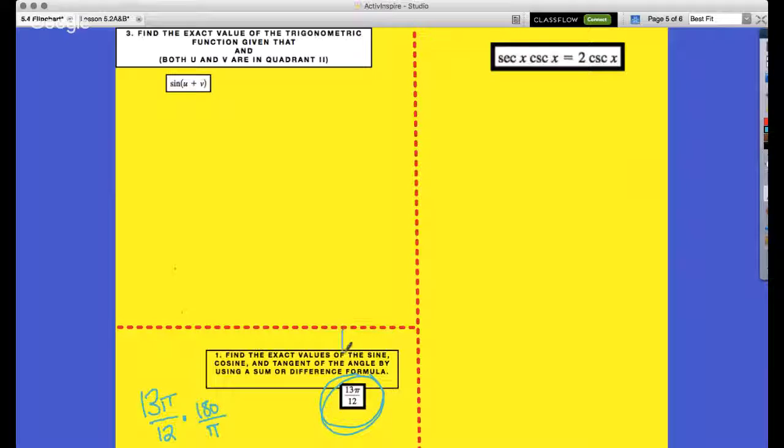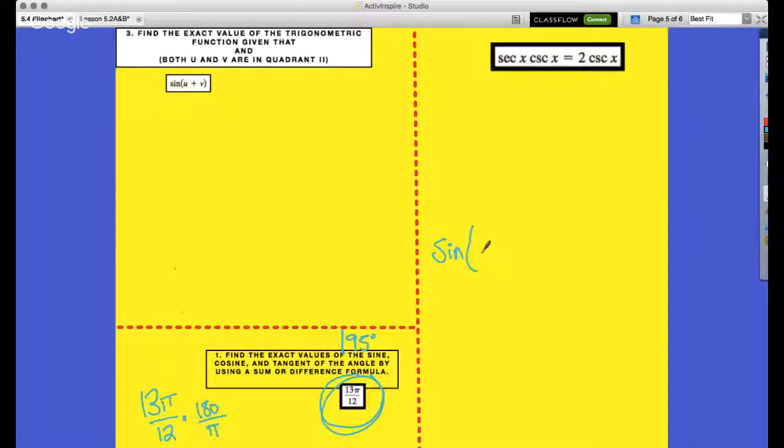Now, this is important. Once I get 195 as my angle in terms of degrees, I can now say what two angles when added or subtracted get me to 195. Let's say I was doing the sine of this.